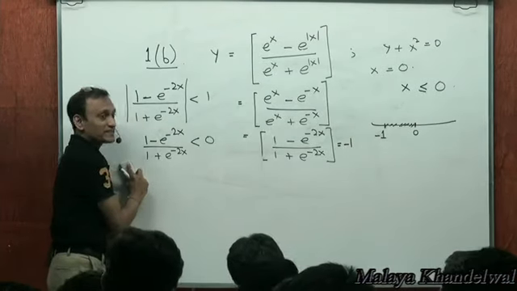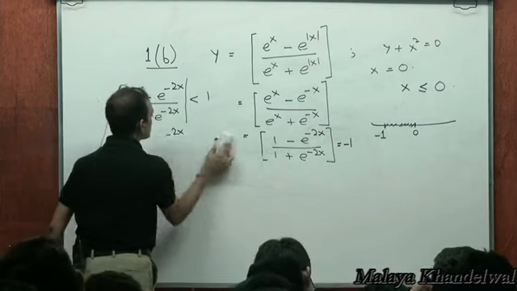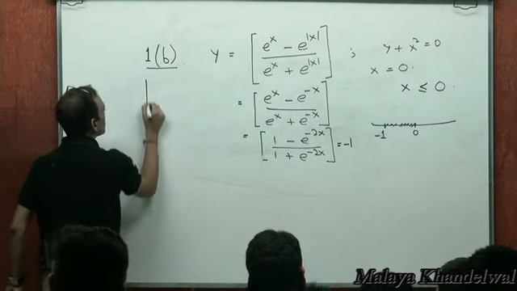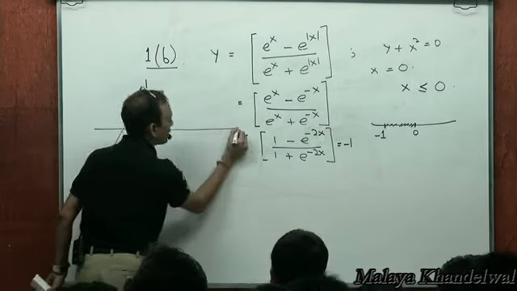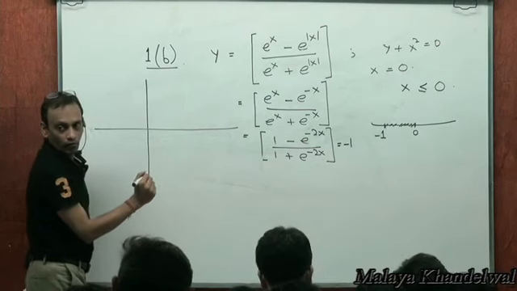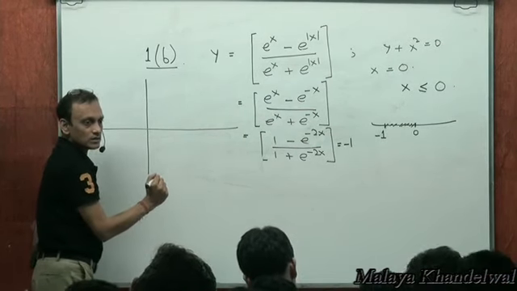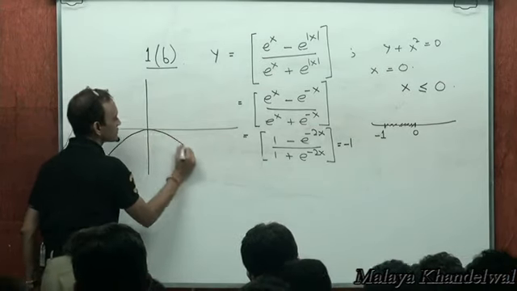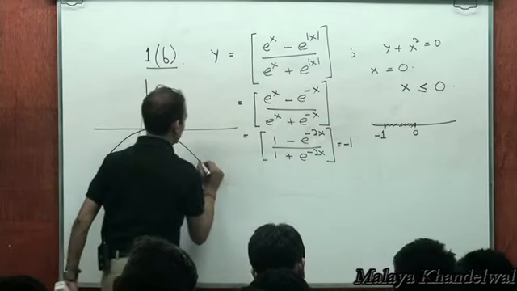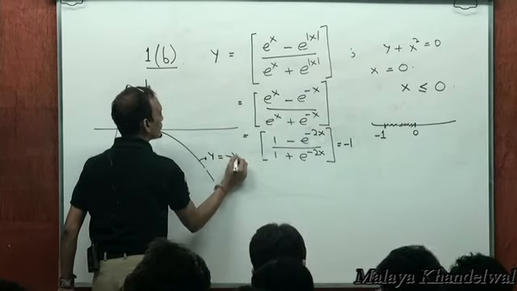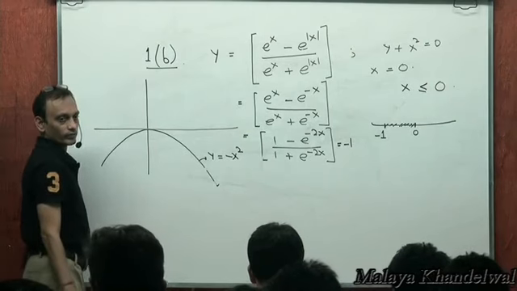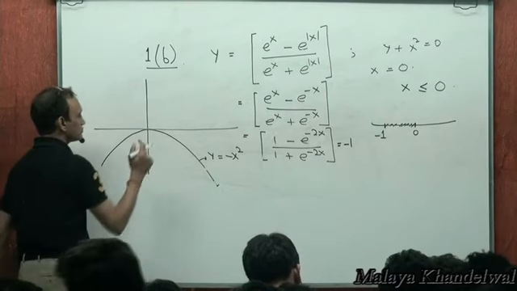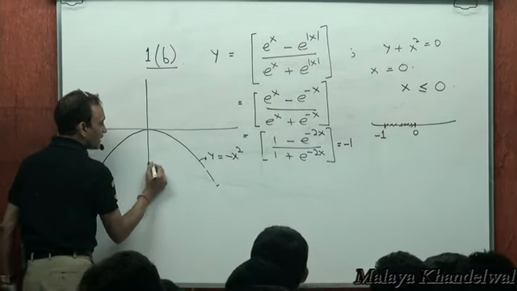Now, once we obtain this, let's start tracing the other entities that belong to this. Y equal to minus x squared is a downward opening parabola and will be looked upon like this. This is y equal to minus x squared. And this is x equal to 0.